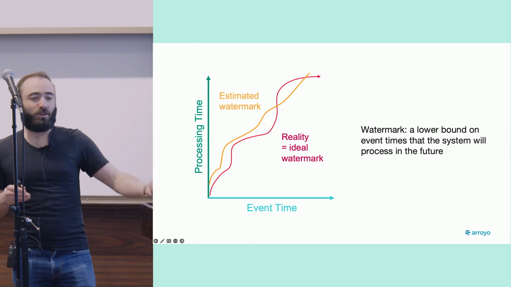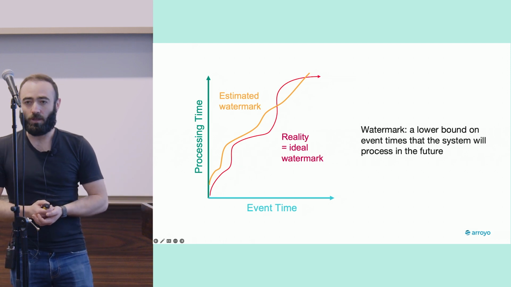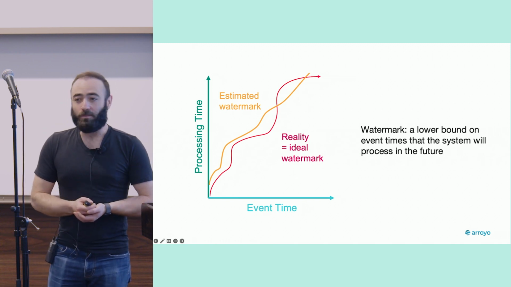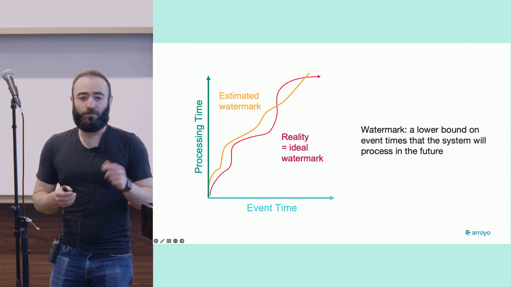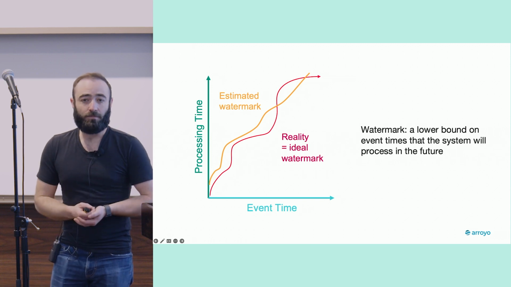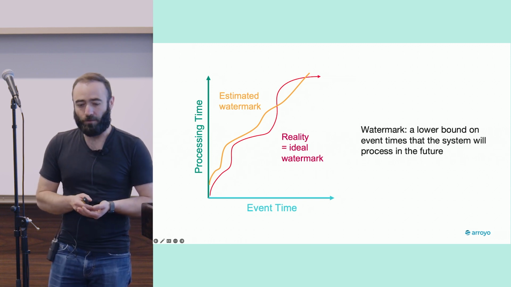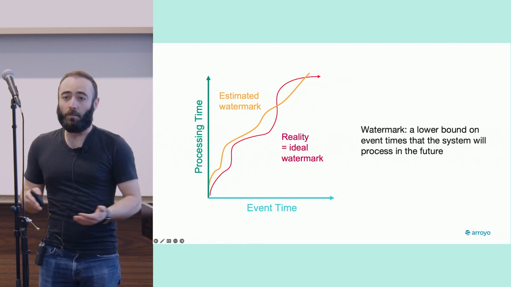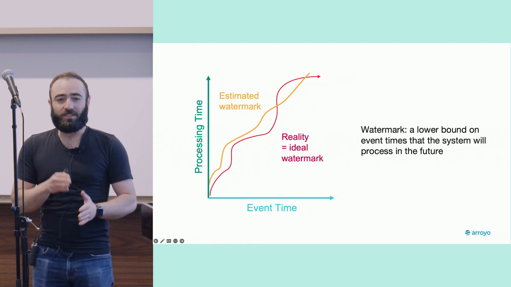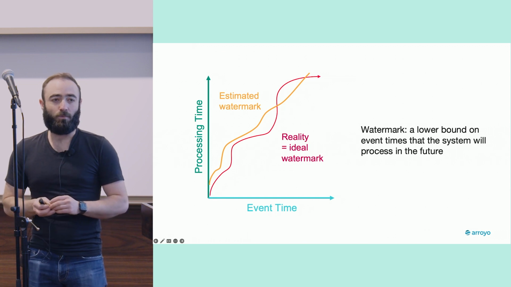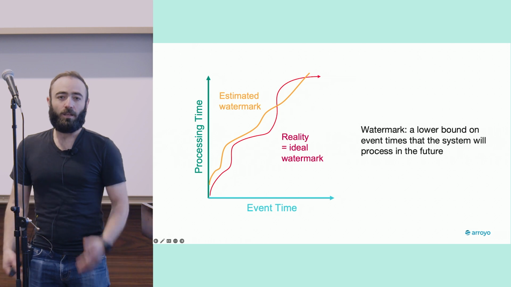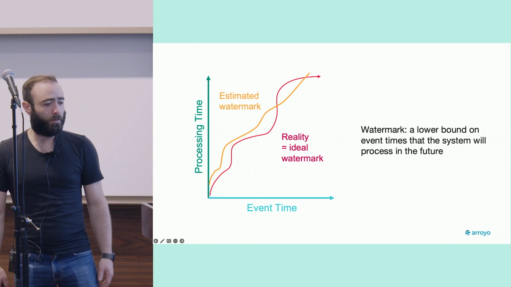And then in terms of how you actually produce this estimate, there's a lot of different techniques of differing levels of sophistication. The simplest one is you just have a fixed offset from the last time you've seen. So if we've got an event from 12:01, maybe we assume we've seen all the events from 12 p.m. And you can adjust that bound based on what you know about your data. So if you know all your data typically comes in within a second, you can make that tighter.